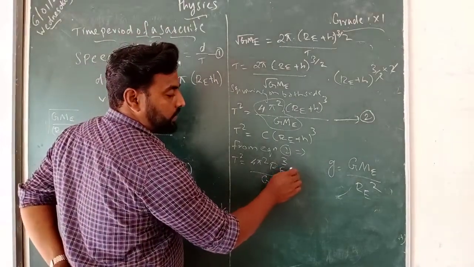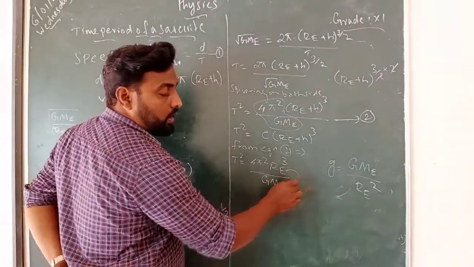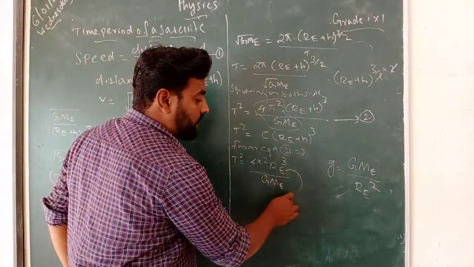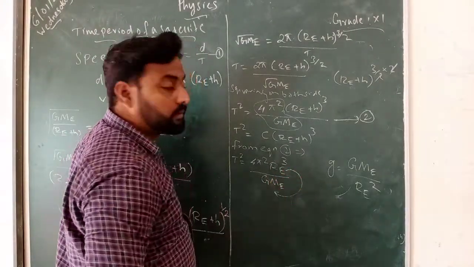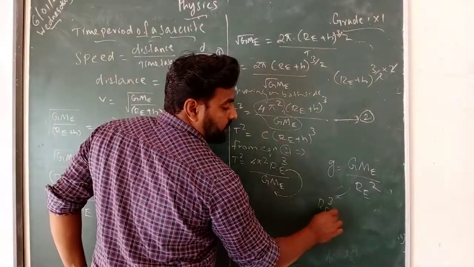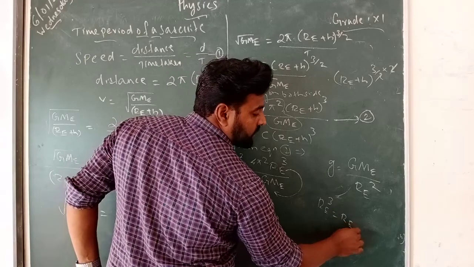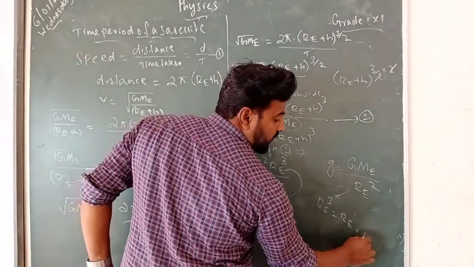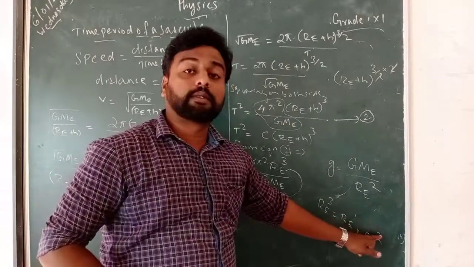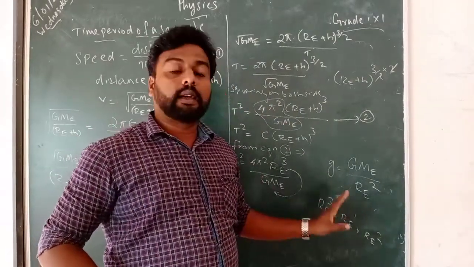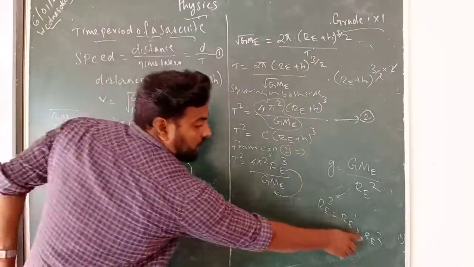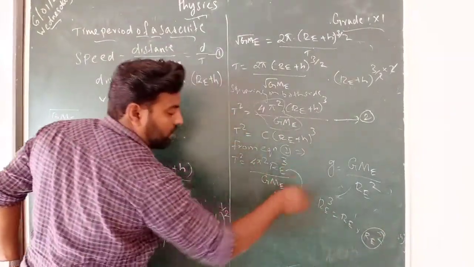Take this R_E cube, split it and take the R_E square down. This R_E cube is split into 1 into R_E square. Now 1 plus 2 is 3. Like this R_E cube is split and we just take this R_E square down.